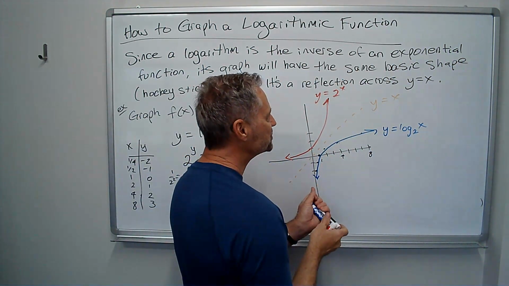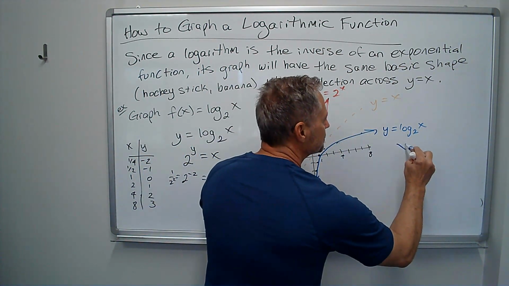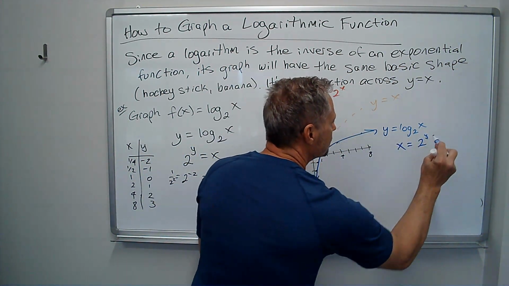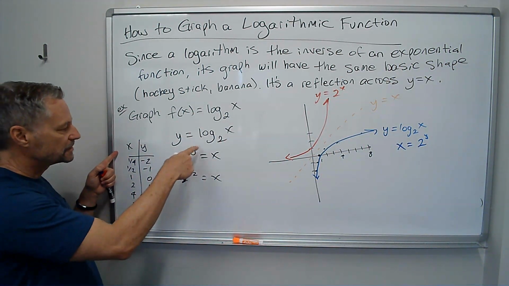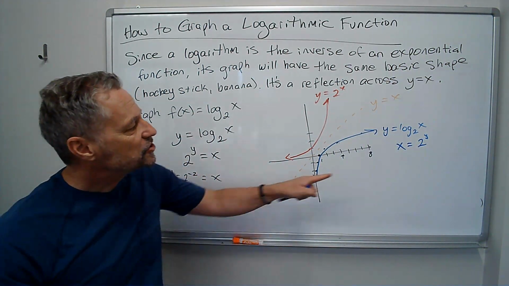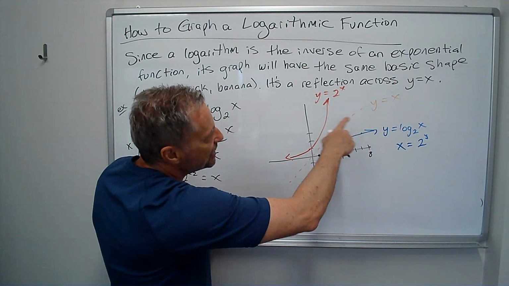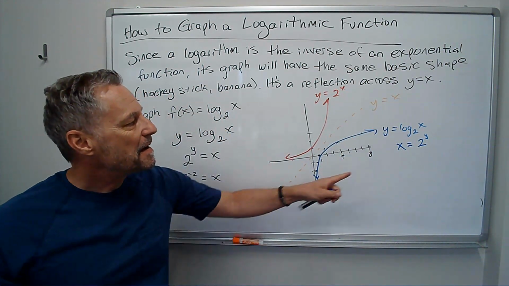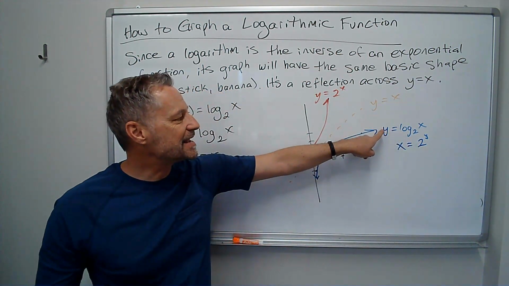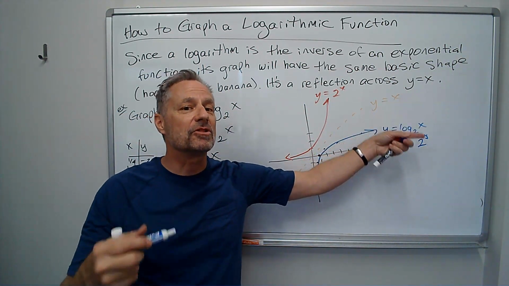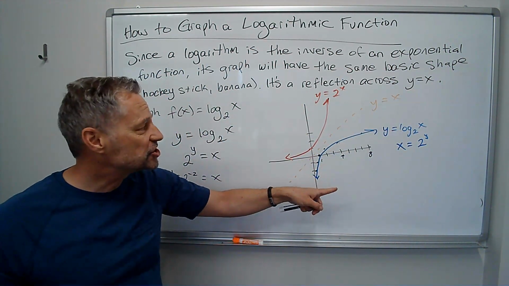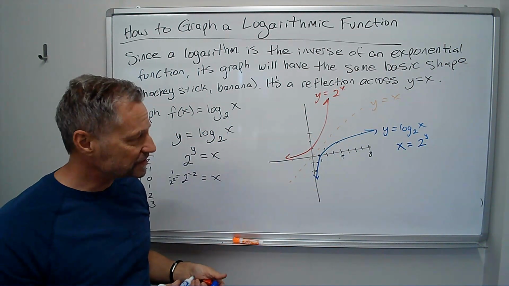Notice this graph was really x equals 2 to the y. That's what we just graphed. So x equals 2 to the y is the reflection of y equals 2 to the x. But x equals 2 to the y is y equals log base 2 of x. That's a log function. It has the same basic shape. It's a reflection across y equals x.